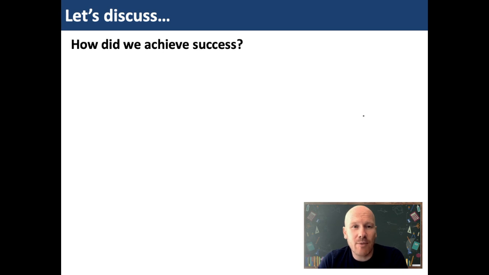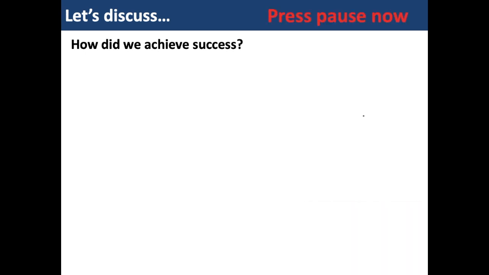And I want you to think about, how do you achieve success using that strategy? What is our success criteria in order that we can solve different problems using that particular strategy? So pause the video for 2 to 3 minutes and have a think about that. And then I'm going to show you what I think are the steps for solving a part-part-whole problem by counting on.